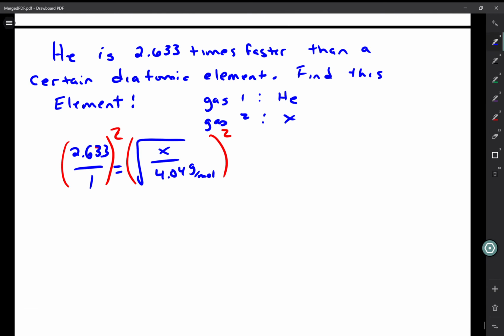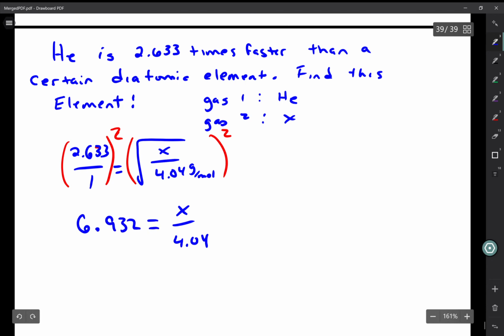That gives us 2.633 squared on the left, and on the right side you get X over 4.04. 2.633 squared is going to be 6.932. And solve for X. X equals 28 grams per mole.